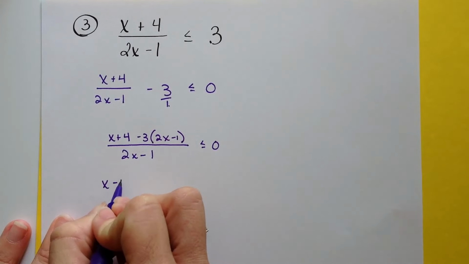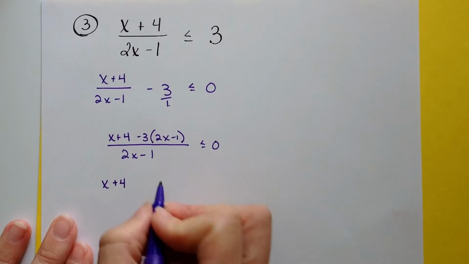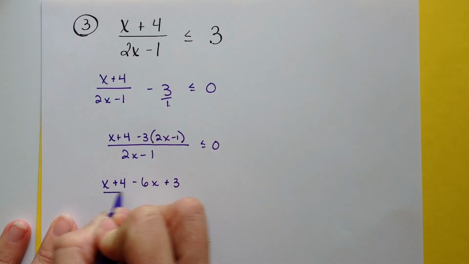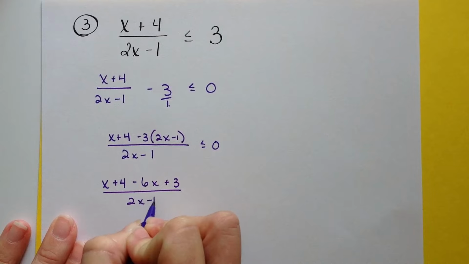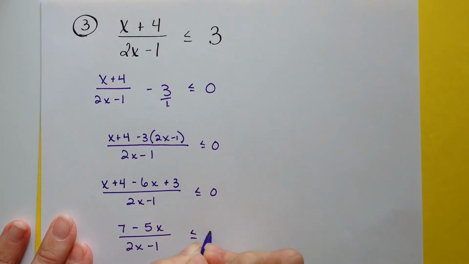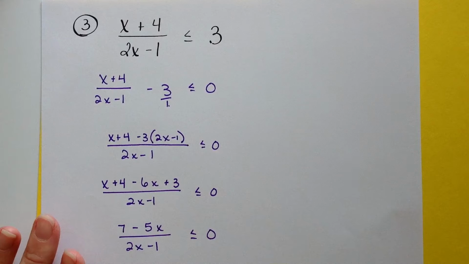Okay, so distribute your negative 3, and then combine like terms. Okay, so your x minus 6x gives me the negative 5x, and of course 4 plus 3 gives me the 7.